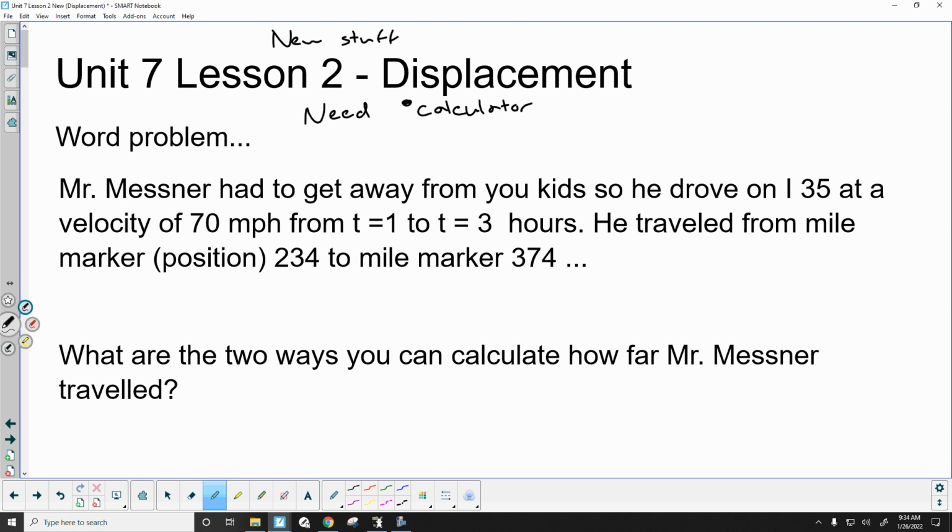and we are going to talk about displacement. Now, the definition of displacement is like how far the dude's going to end up versus where he started. Okay.